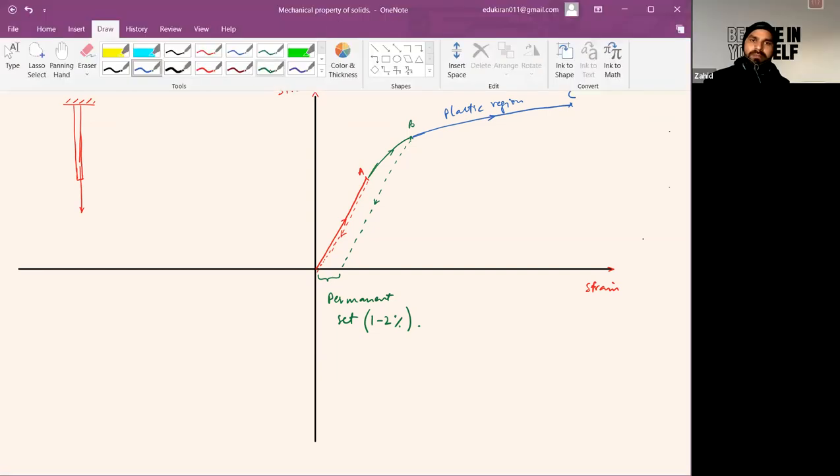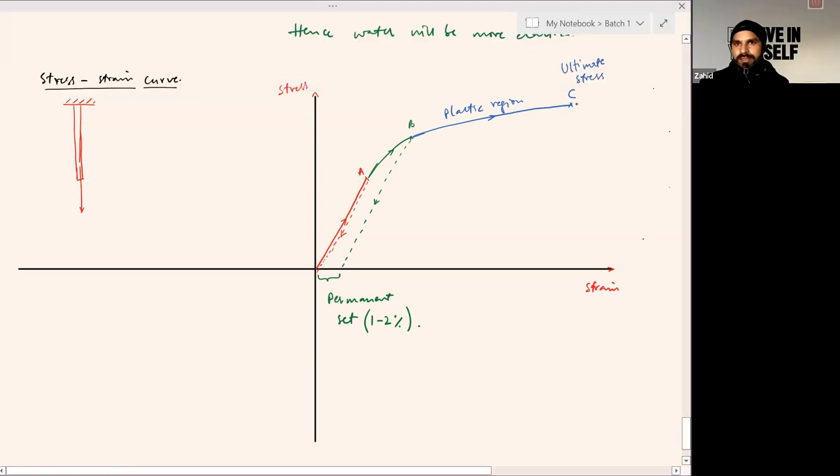Now, on applying a little bit more stress beyond point C, the object will tend to flow, and at some point D, it may break. So this point D is called the breaking point. From C to D, the body has a tendency to flow.